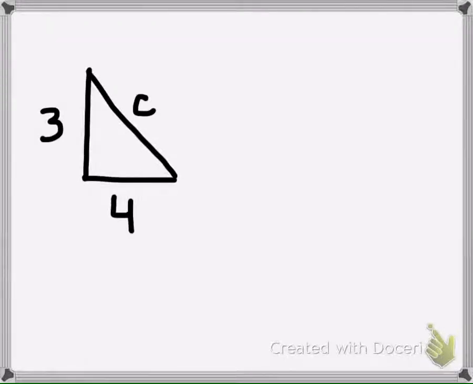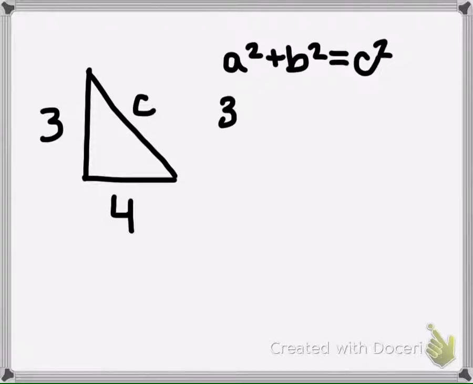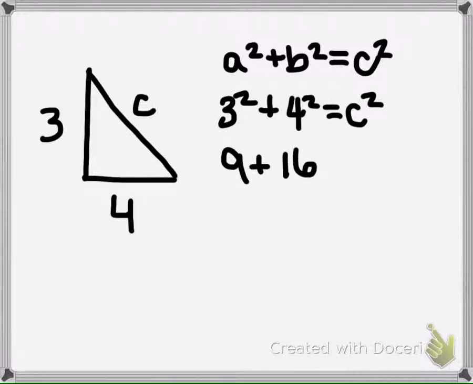So here is a triangle, and we want to find the value of c. We are going to use the Pythagorean theorem and start substituting values in. So a squared is going to be 3 squared, b squared will be 4 squared, and c squared is going to remain.